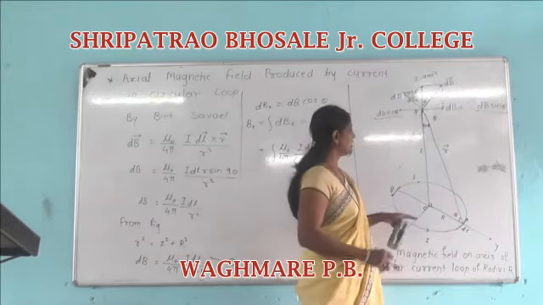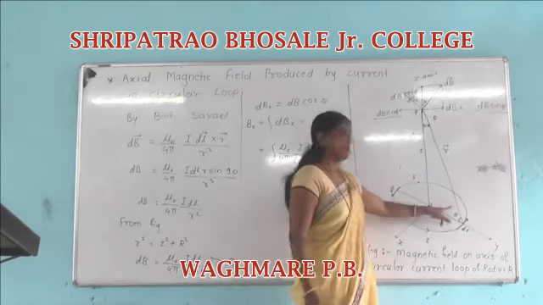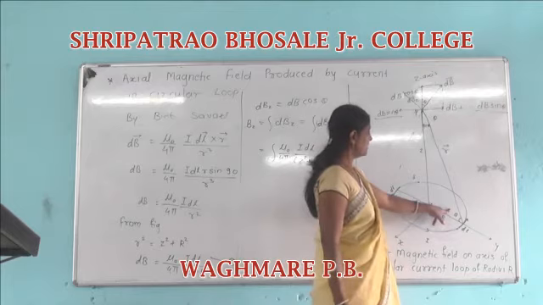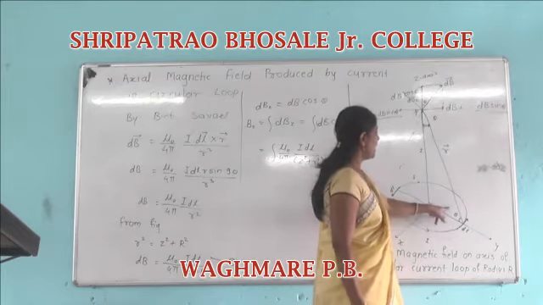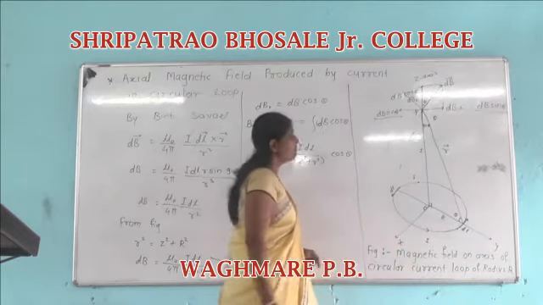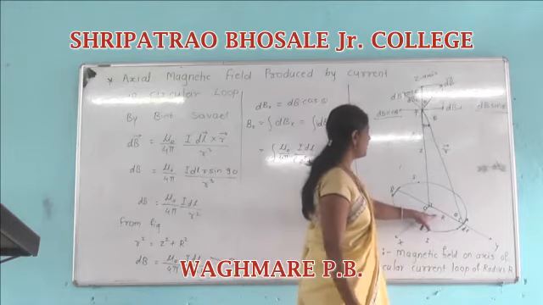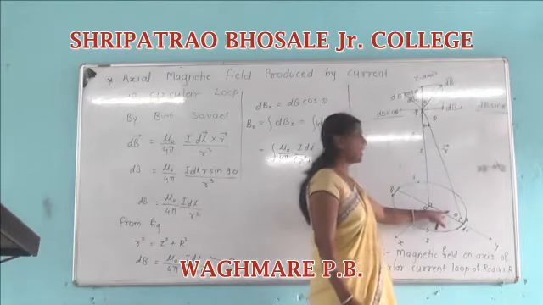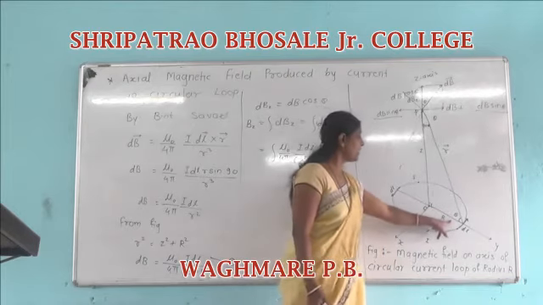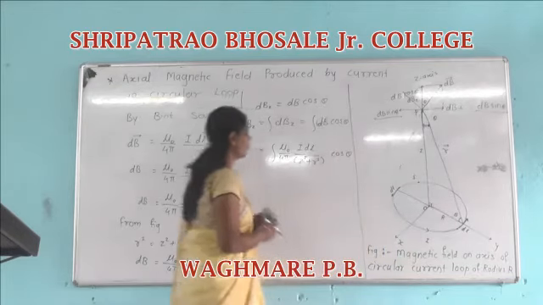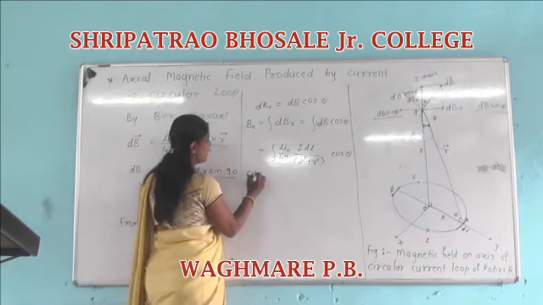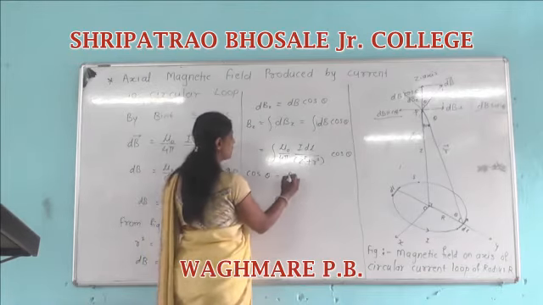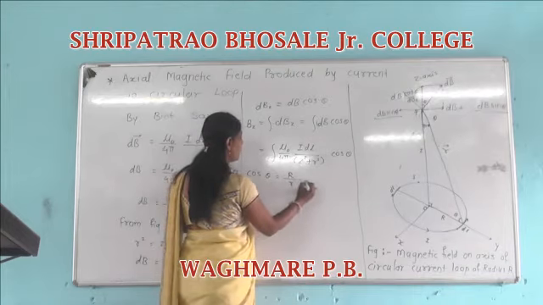Now in this equation, from this figure, theta is the angle, then cos theta can be found as capital R divided by small r. Therefore, we can write cos theta is equal to capital R divided by small r.